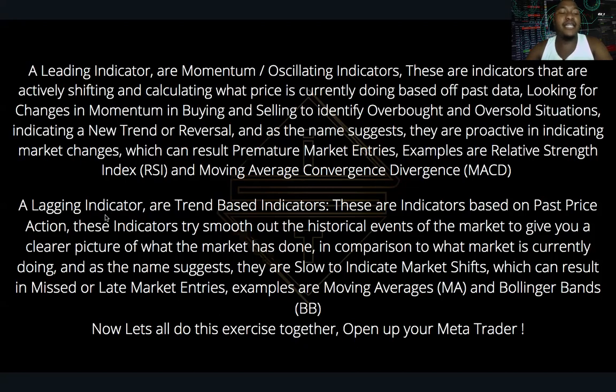Now, the number two group of indicators is called lagging indicators. Lagging indicators are trend-based indicators. These are indicators based off past price action. They try to smooth out the historical events of the market to give you a clear picture of what the market has done in comparison to what the market is currently doing.